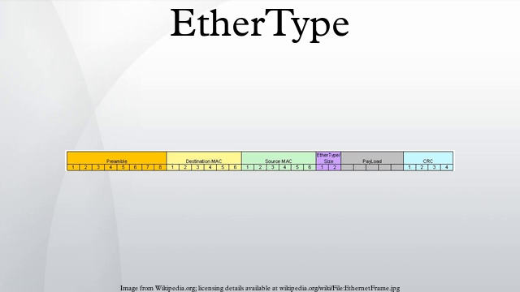Thus, values of 1500 and below for this field indicate that the field is used as the size of the payload of the Ethernet frame, while values of 1536 and above indicate that the field is used to represent EtherType. The interpretation of values 1501 to 1535, inclusive, is undefined.